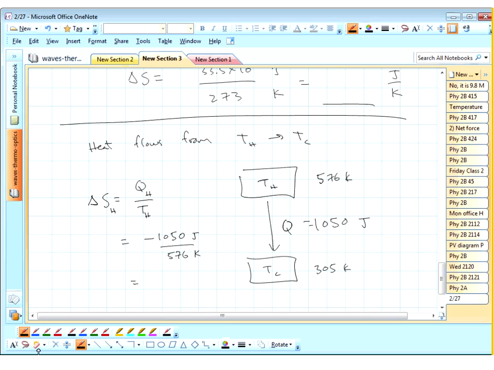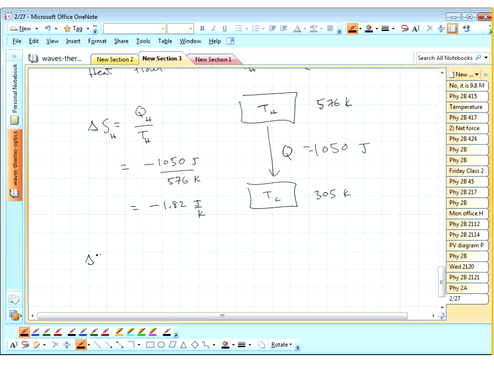So whatever that turns out, let's see, they did it 1.82. And the change in entropy of the cold place is Q cold over T cold. Q cold is positive 1,050. But you see, we're dividing by a smaller number now. So we're going to get a larger change, positive 3.44.